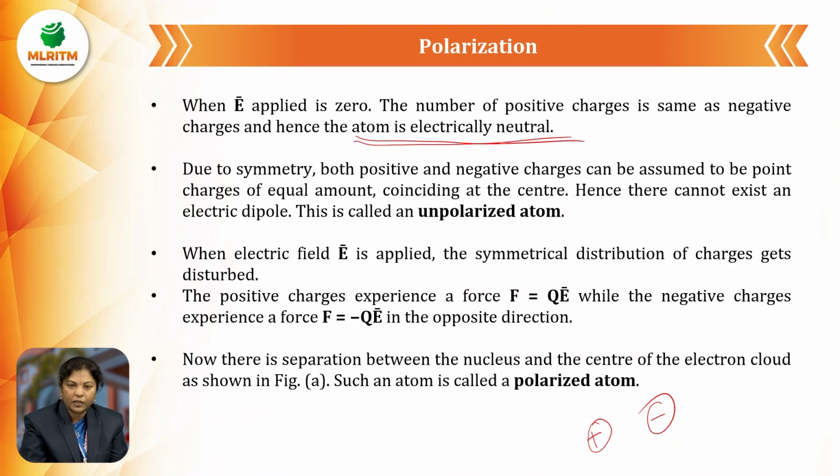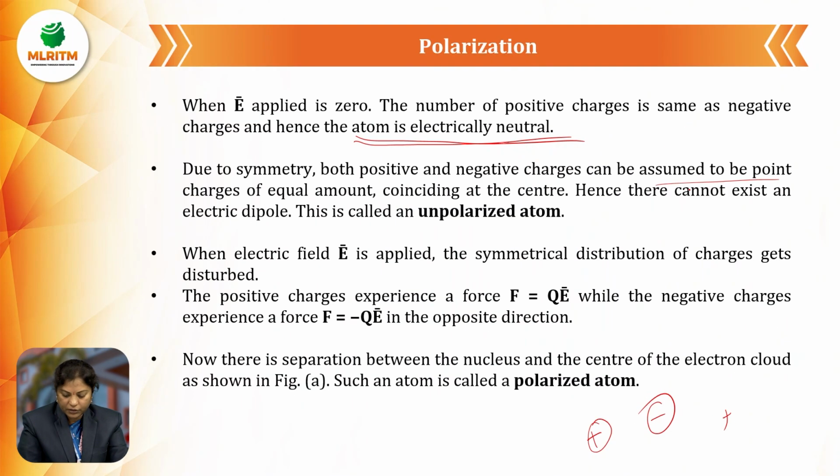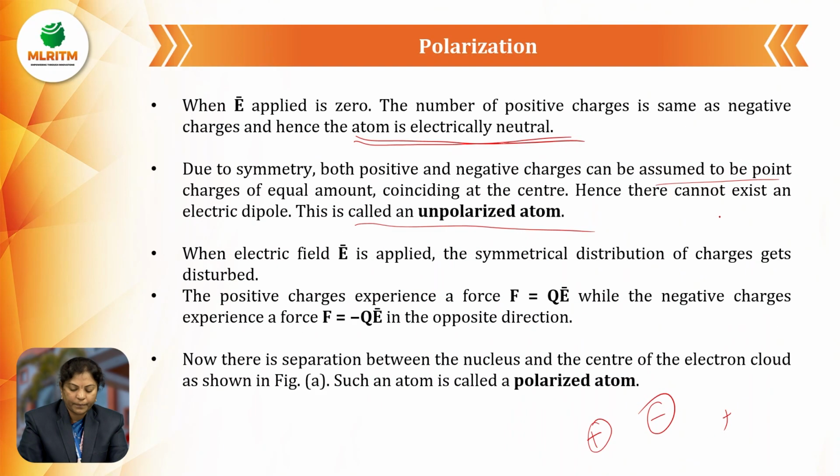Due to the symmetry, both positive and negative charges are assumed to be point charges of equal amount, coinciding at the center, which is the positively charged nucleus. Hence, there cannot exist any electric dipole. So this is called an unpolarized atom.